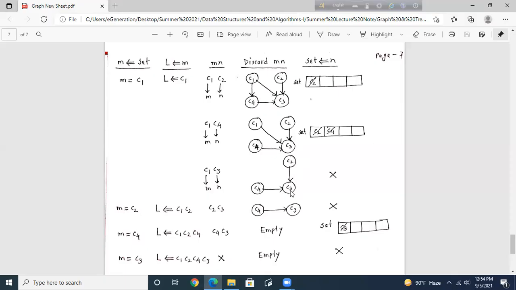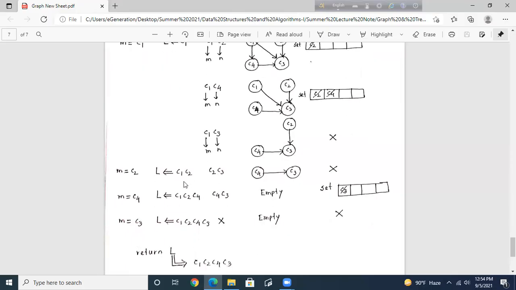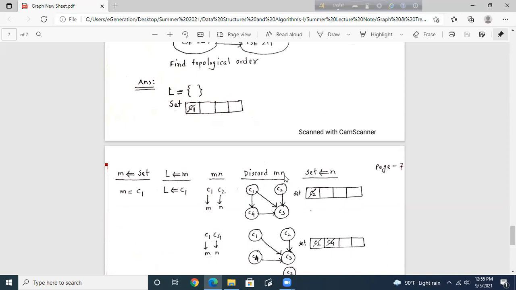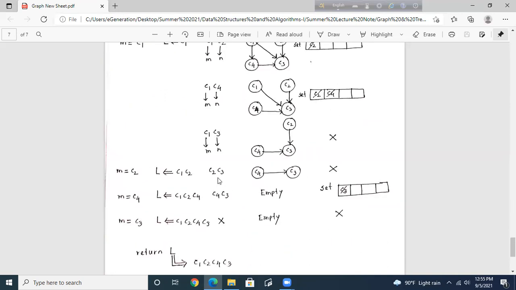Since I can go from C2 to C3, I have written C2, C3. According to the algorithm, discard M, N. So this is our M, this is our N. So I have to discard this edge, C2, C3. So now my graph is like this.